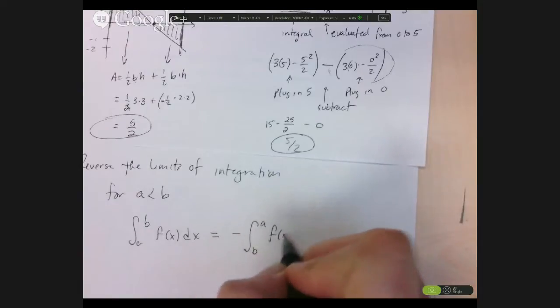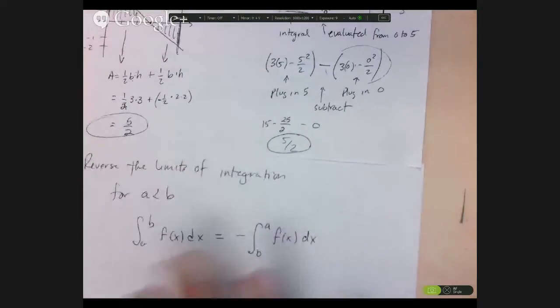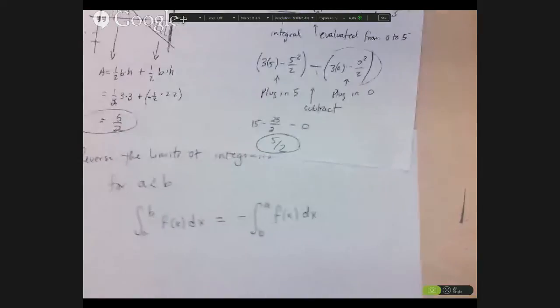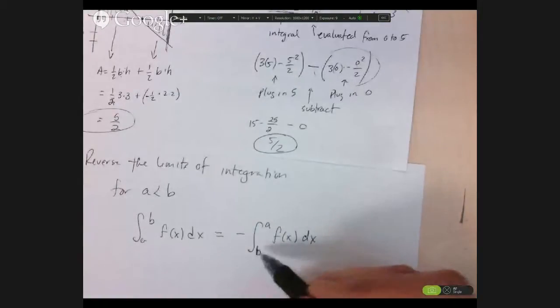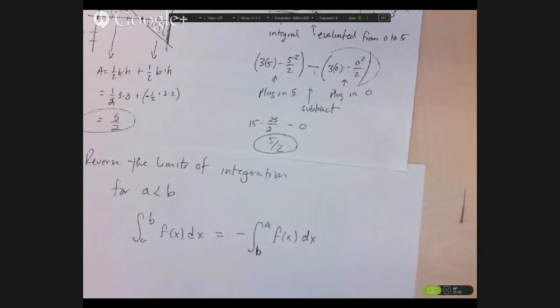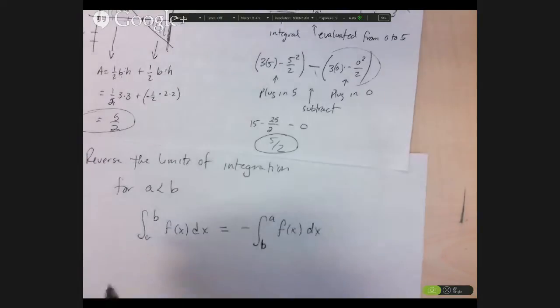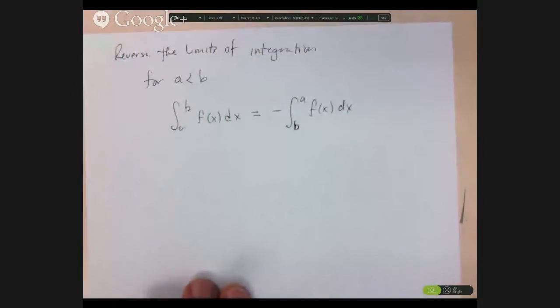Let's just do a totally different problem here. Okay, this is just what we call a definition. So if we have an integral that's, the bottom one, say it's 5 to 2. I can flip it and just take the negative and go from 2 to 5. It's the same thing. Okay. It proves useful once in a while.